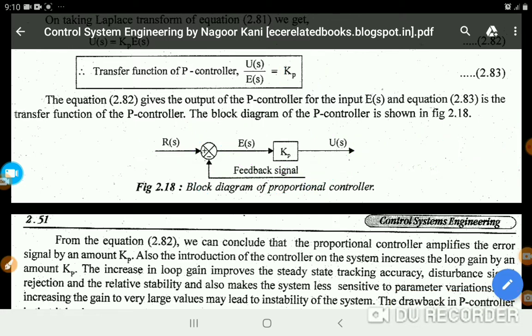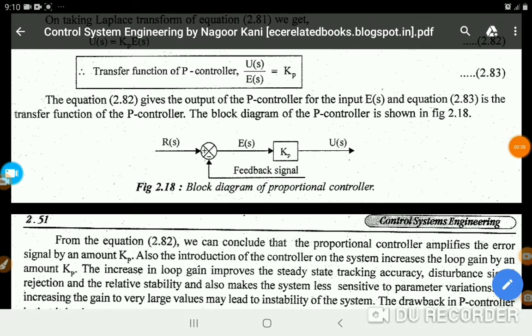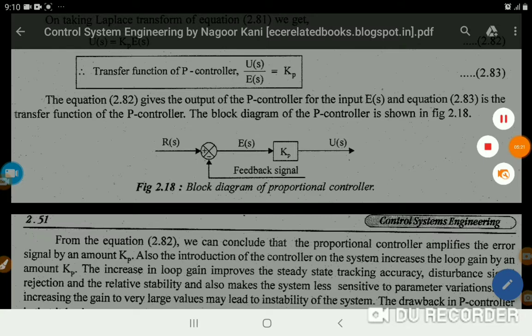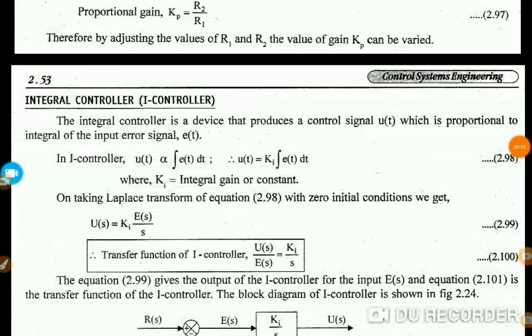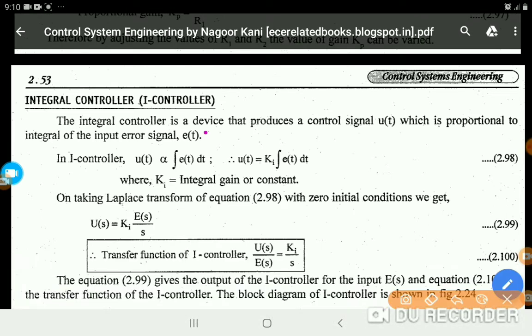Well students, if you can understand the concepts, we can move on to the integral controller. What is an integral controller? An integral controller is a device that produces a control signal u of t which is proportional to the integral of the input error signal.